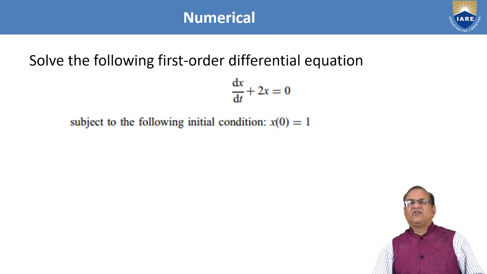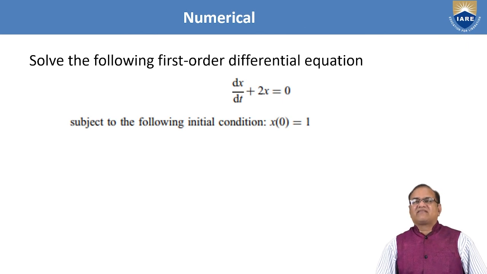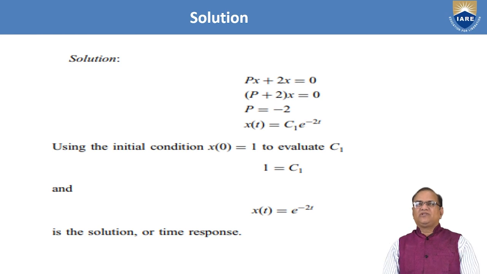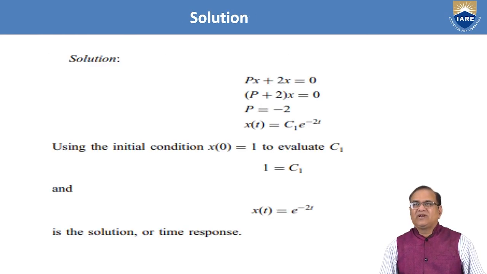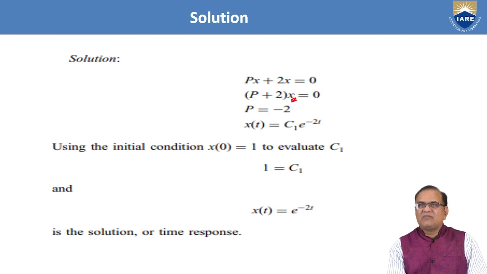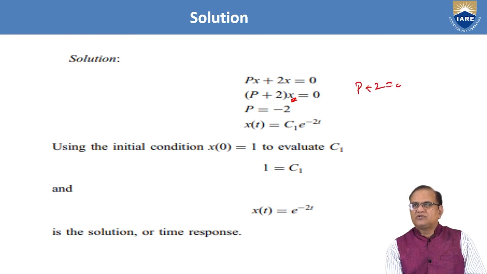Okay, so here we have one numerical: dx by dt plus 2x is equal to 0, and the condition given is x(0) is equal to 1. We can do the solution here. We write p x plus 2x is equal to 0, taking x as common, so p plus 2 is equal to 0, so p is equal to minus 2.